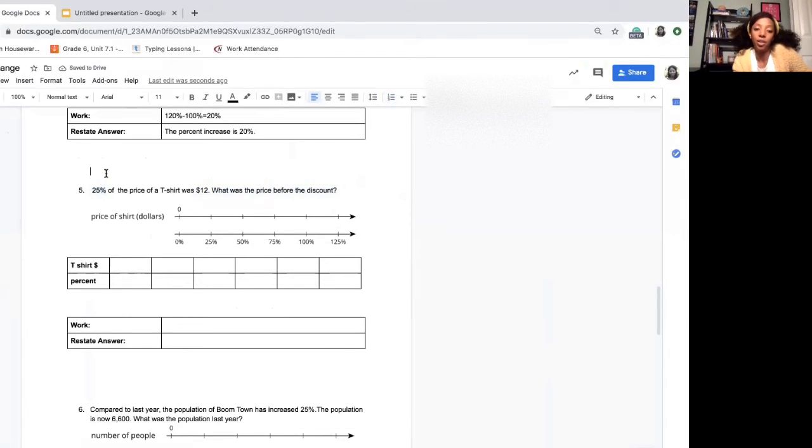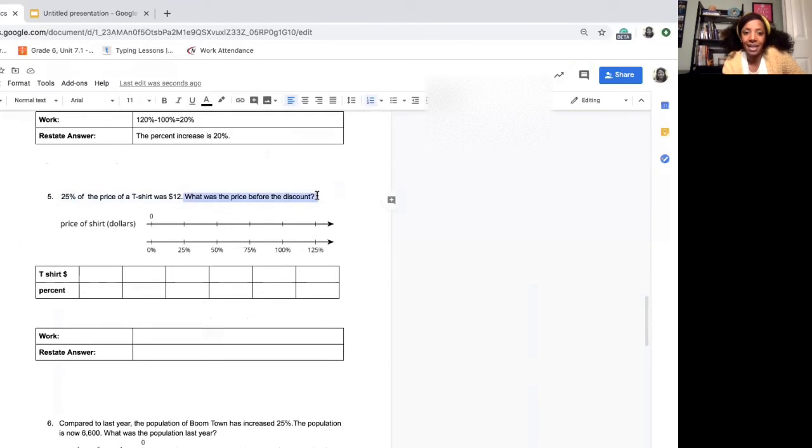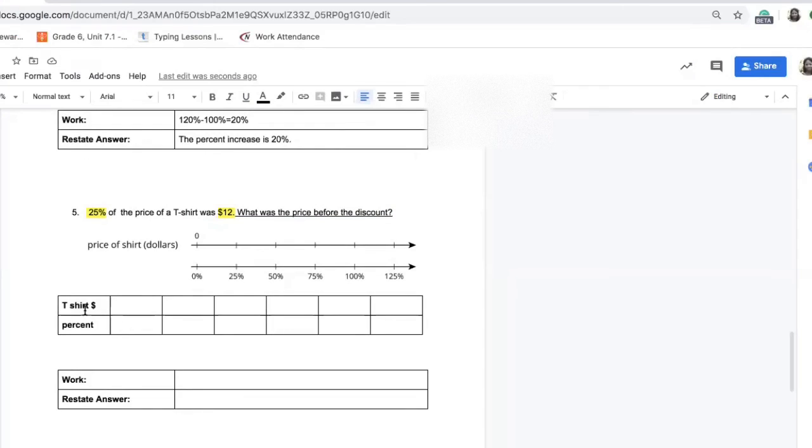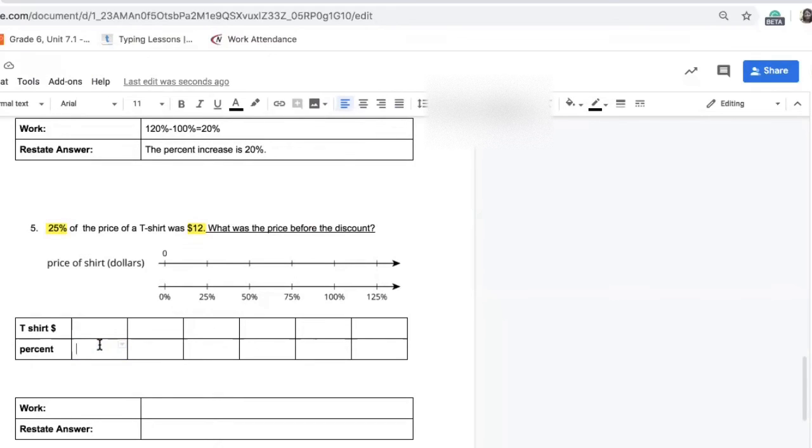25% of a t-shirt was $12. What was the price before the discount? I'm going to underline what the problem's asking and highlight my quantities. We're going to separate our table and number line into the quantities of percents and t-shirt. The number line above is already completed for us, well, the percent part.